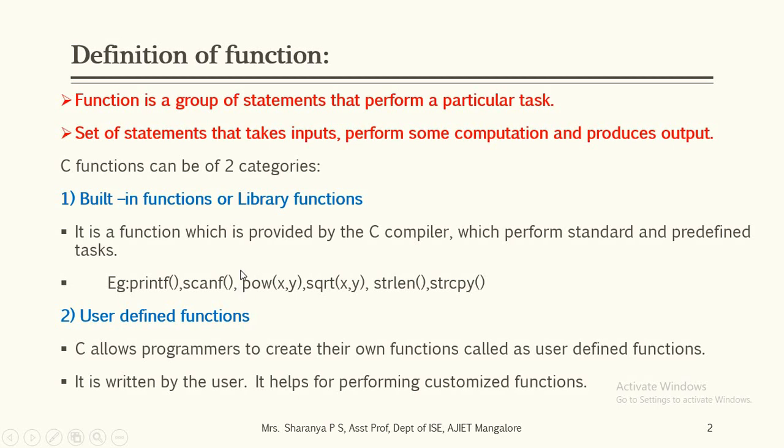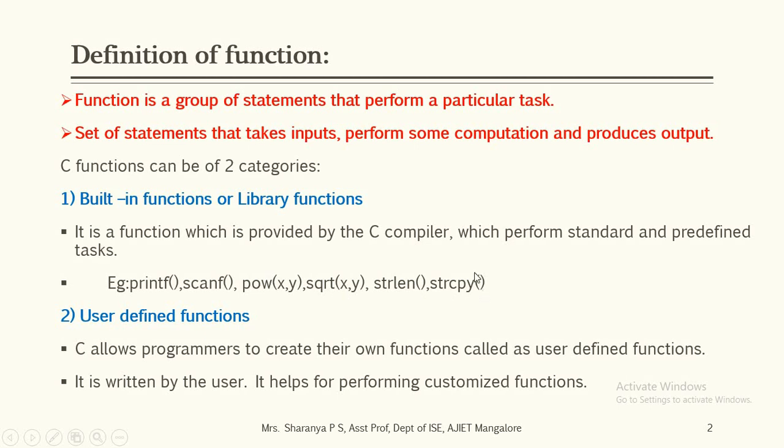Similarly, to perform mathematical computations like power or finding the square root of a number, we can use predefined functions which are already available in the C compiler, and which we can directly use in the program by referring to the names of the function.